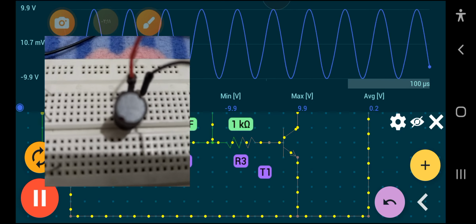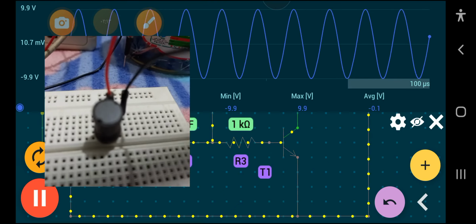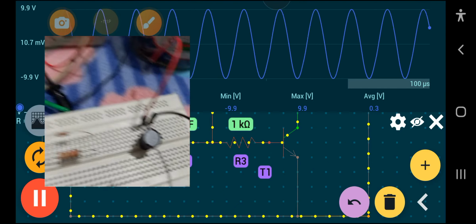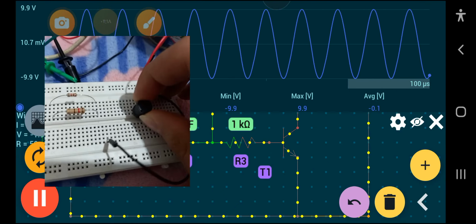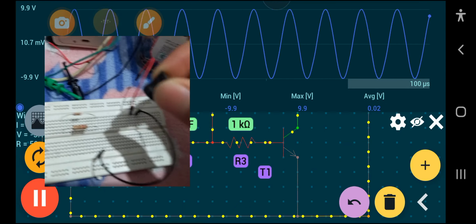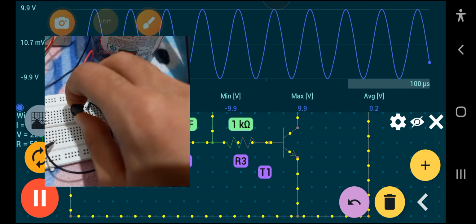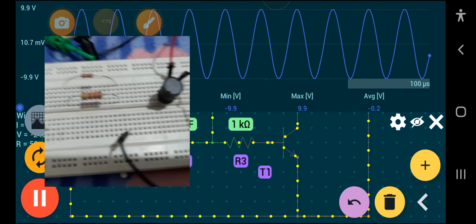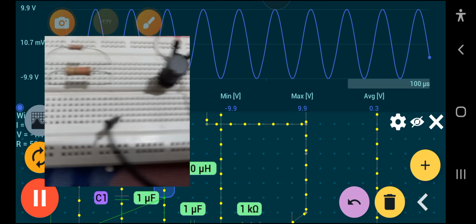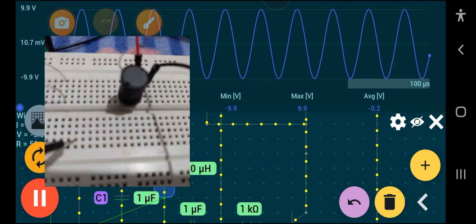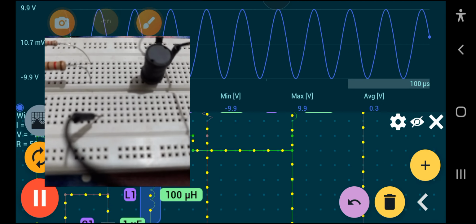And the next thing is our inductor. This is the inductor. See, it is in this black area.